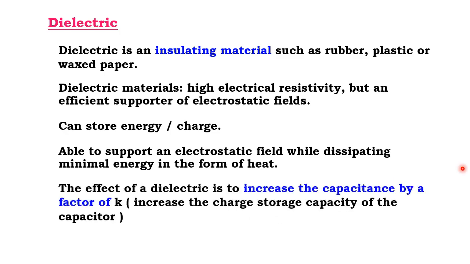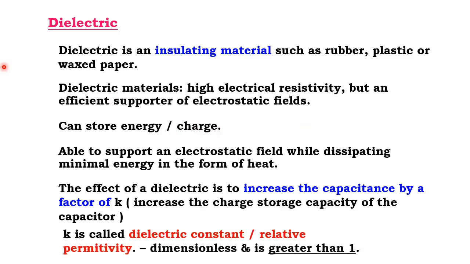Besides, it depends on the factor K, so it will increase the capacitance and increase the charge storage capacity of the capacitor. K is also called the dielectric constant and relative permittivity.